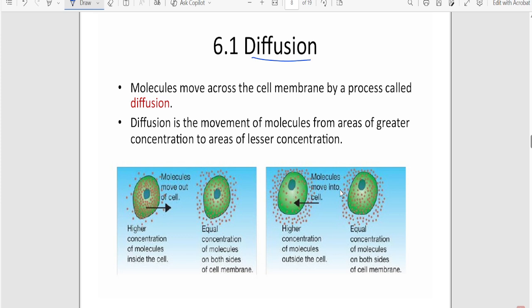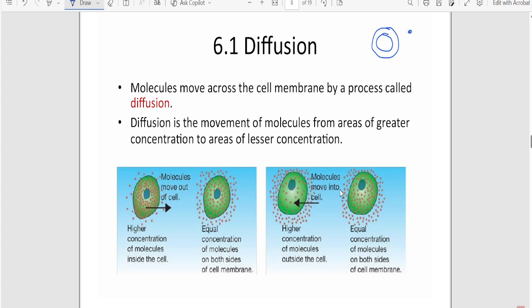So diffusion means moving across, because we are talking about the cell. The title you shared with me in the syllabus was related to the cell. What you are saying is correct, but it is very basic, and we have to study according to the topic. If we have a cell, there is a cell membrane.